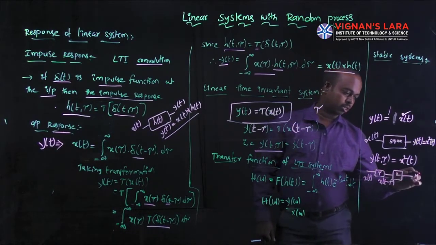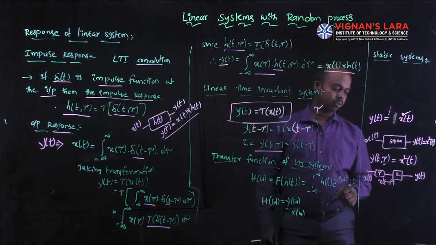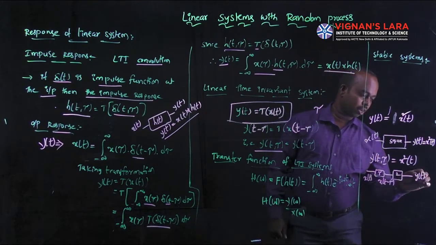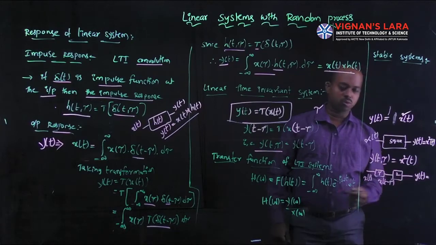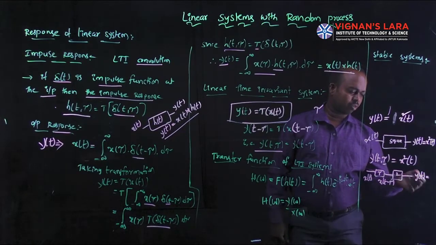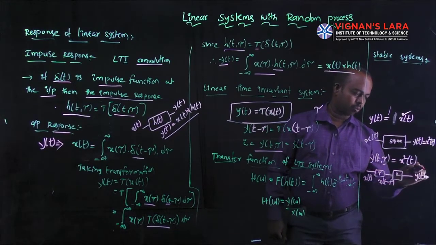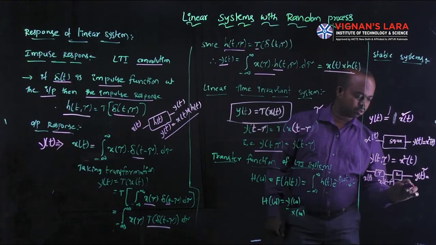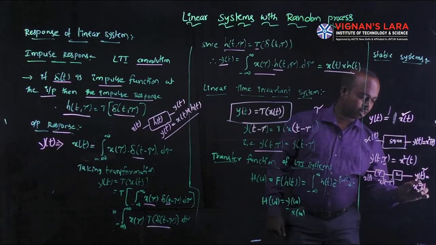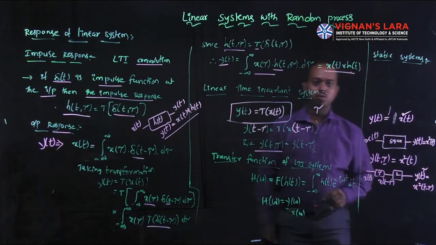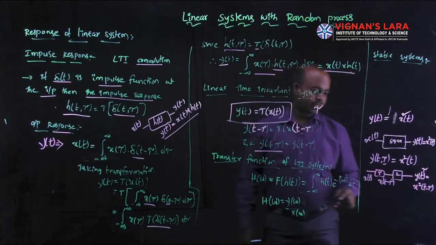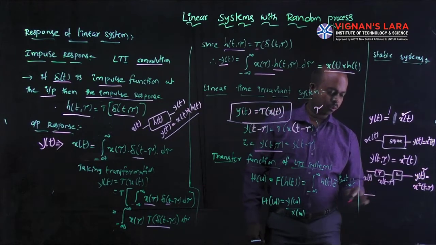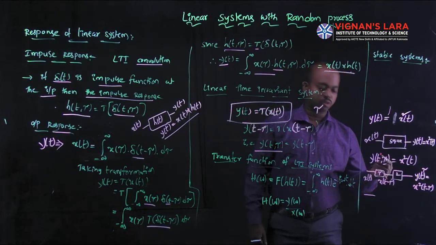The response is y of t comma tau, which is equal to x square of t minus tau. The second case is where we add the delay after processing.